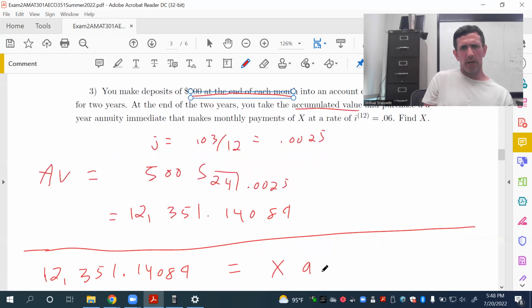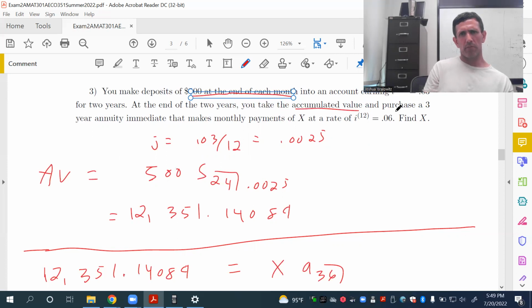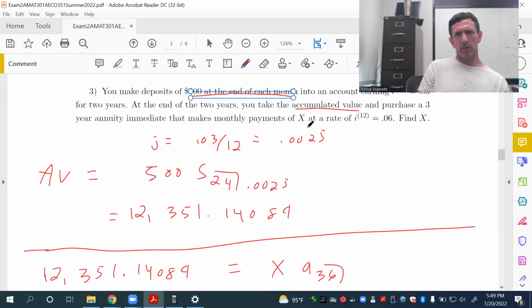X, A is a 3-year annuity, payments are at the end of each month. Monthly payments of X. So 36 monthly payments, 3 times 12. And interest here, well, i12 over 12, 0.06 over 12, 0.005.